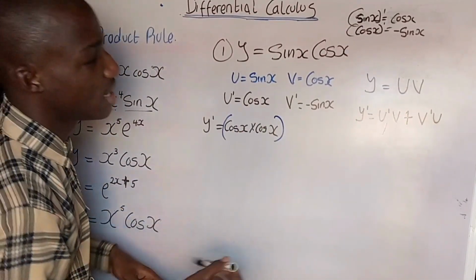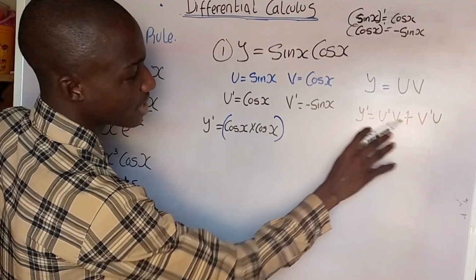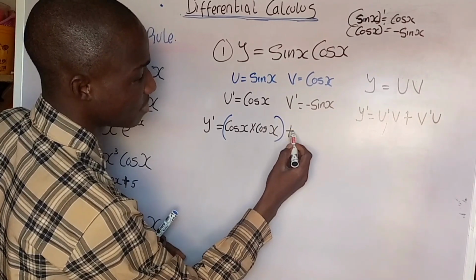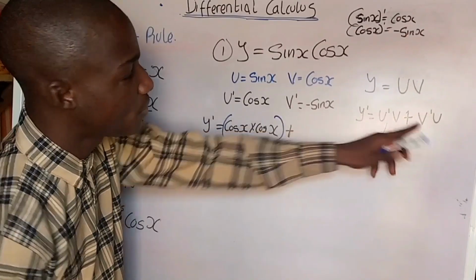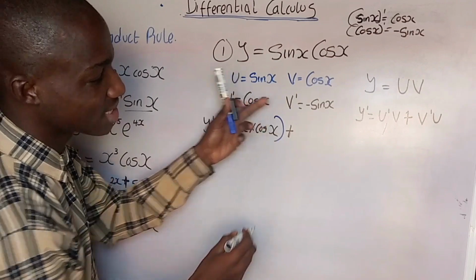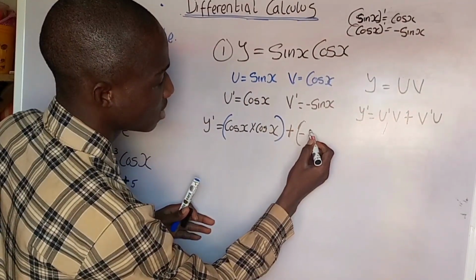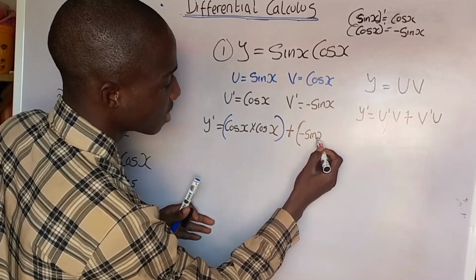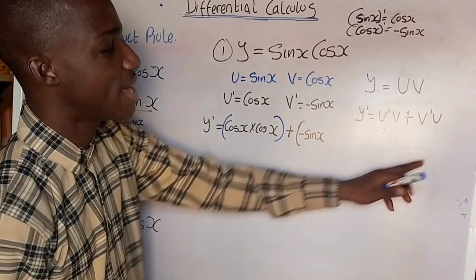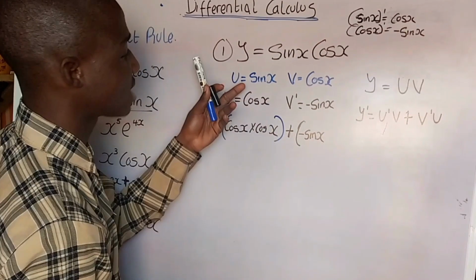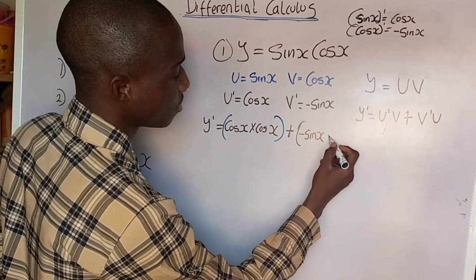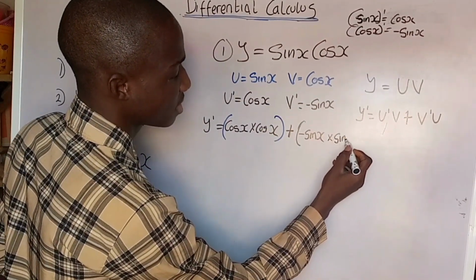So let us proceed. I have addition sign, put the addition sign. The derivative of v is minus sine x. So I'm going to have another bracket here, minus sine x, multiplied by, what is u? U is sine x. So I'm going to have multiplied by sine x.